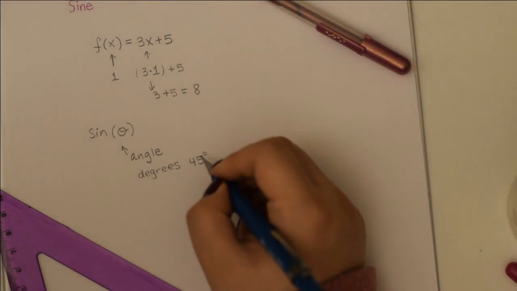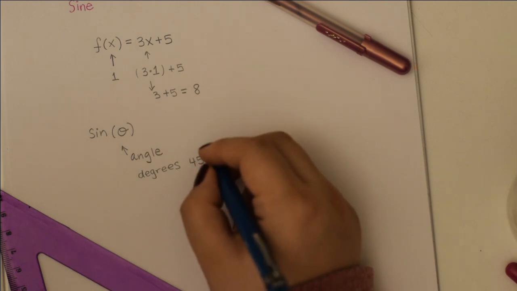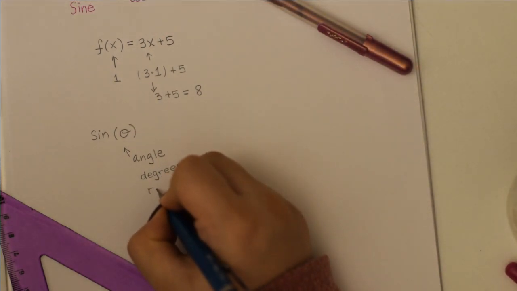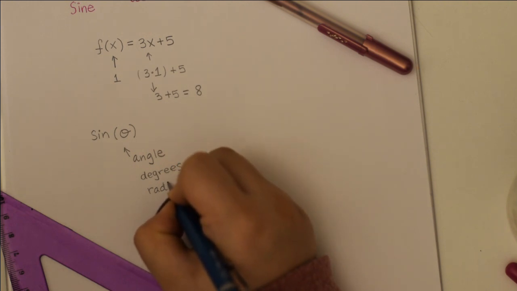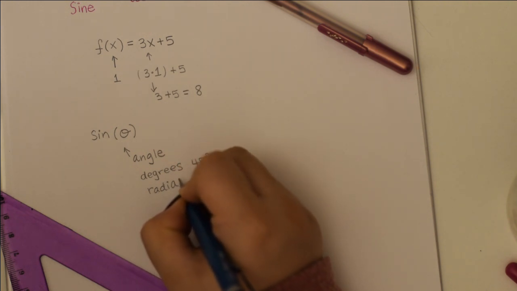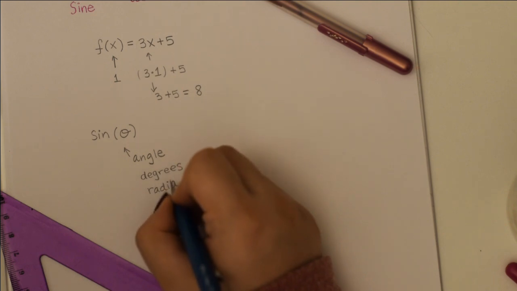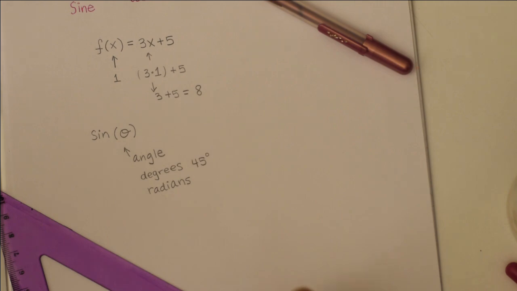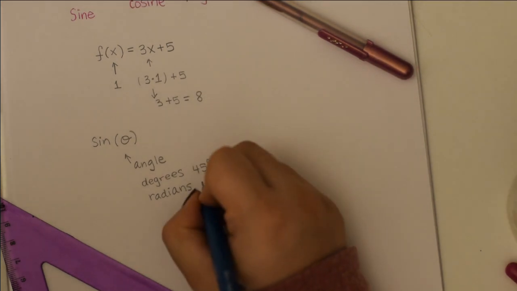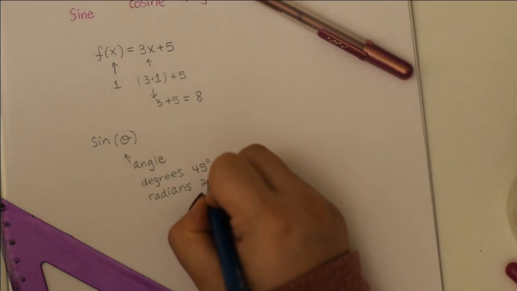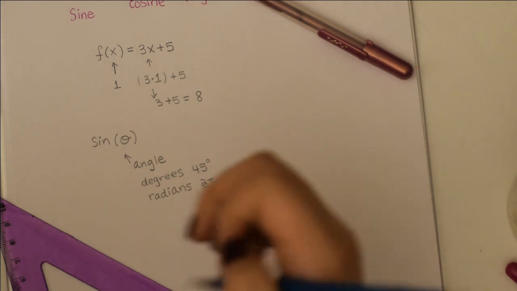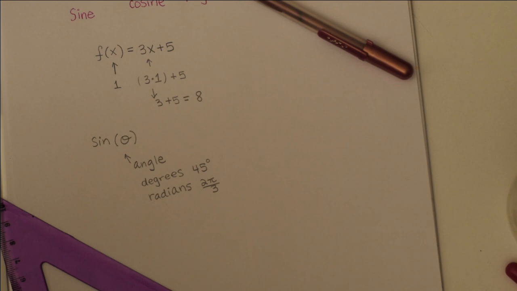You've probably seen people say 360 degrees as a full circle, or radians. I'll probably make a video on how to convert between degrees and radians, but usually you'll see something like 2 pi over 3 radians, or even just a decimal, okay?